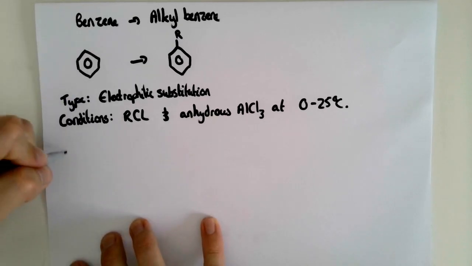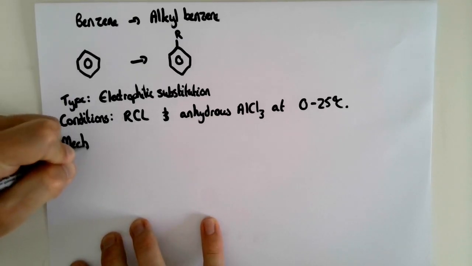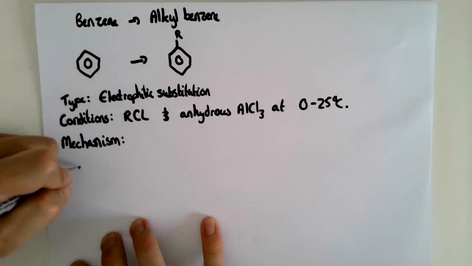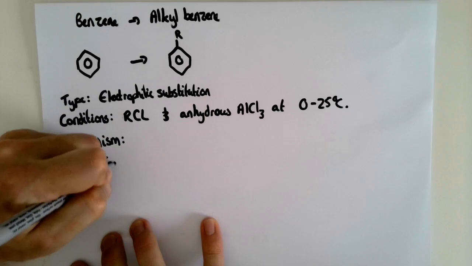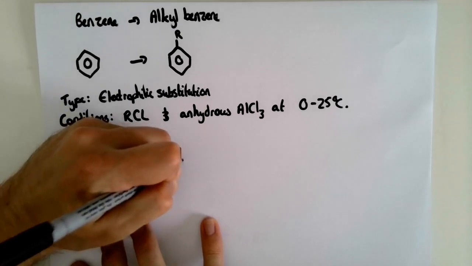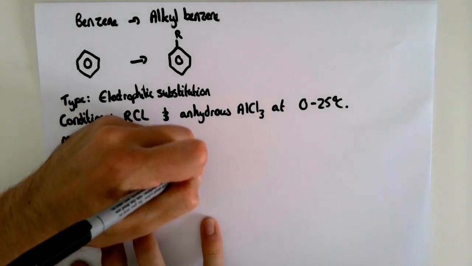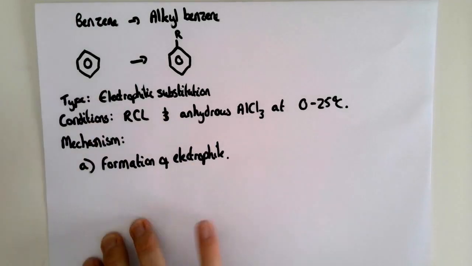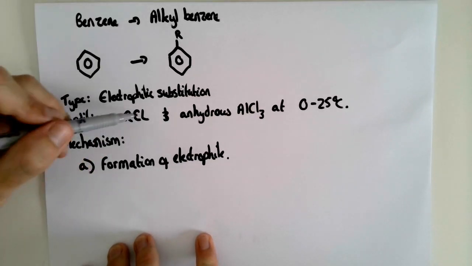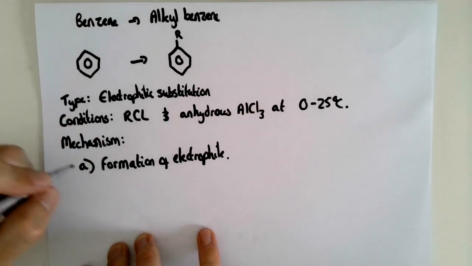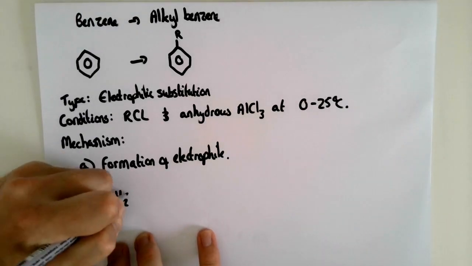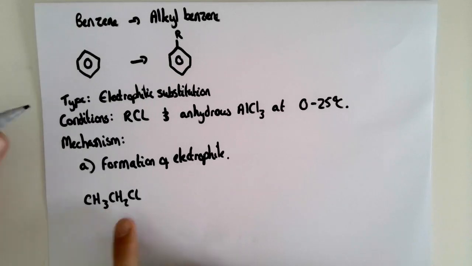So, mechanism, what actually takes place? Well, you should know by now. First step is going to be formation of an electrophile. So what happens is, I'm going to pick an example of a halogenoalkane now. So I'm going to do CH3CH2Cl. So I got chloroethane.